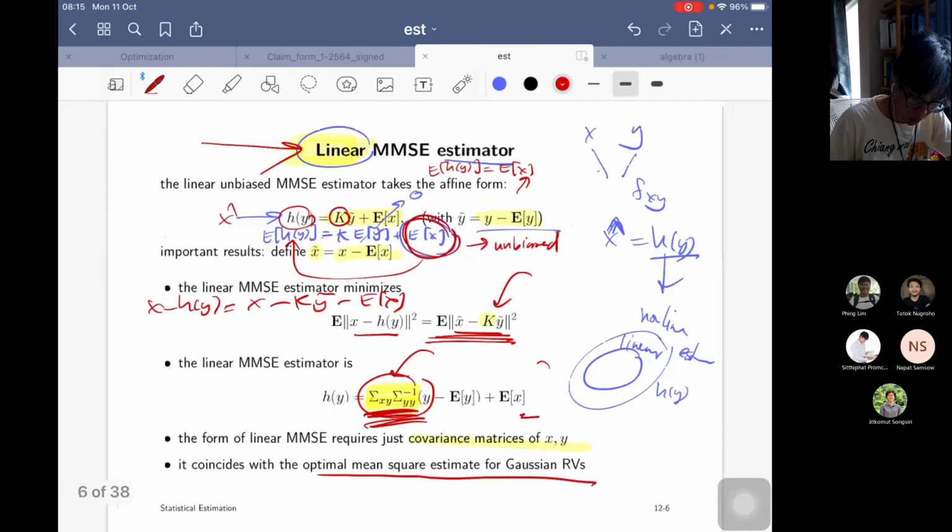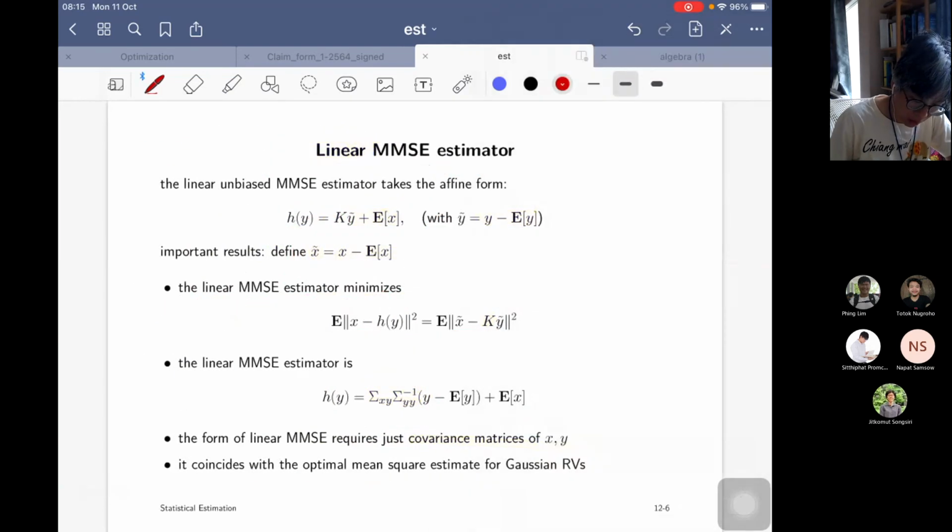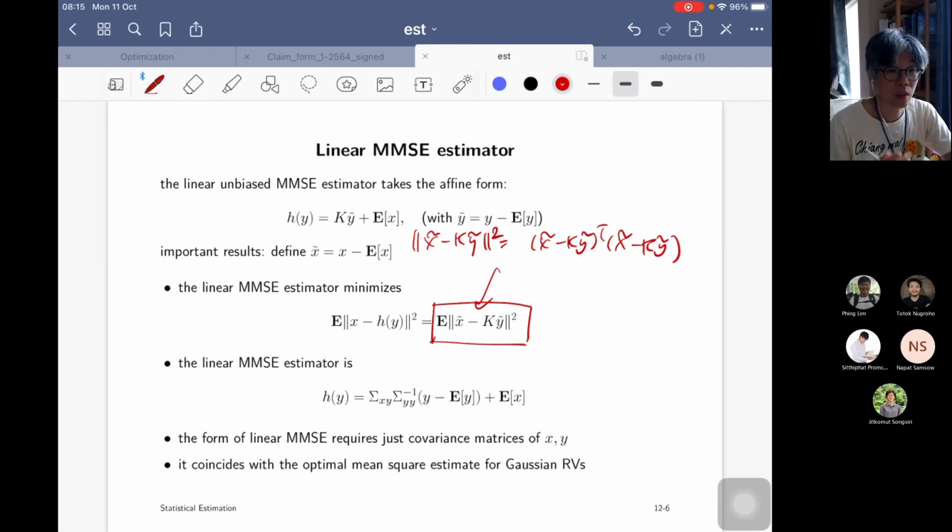So first, we take a step back to take a look at the MSE. We want to minimize this quantity. So we're gonna expand the 2-norm squared, using the fact that the norm squared is also given by this guy transpose, the error transpose error.